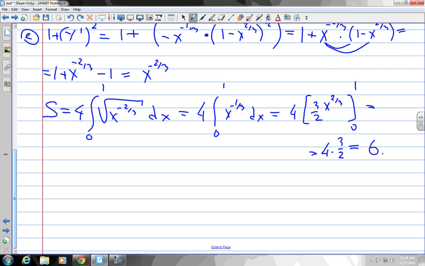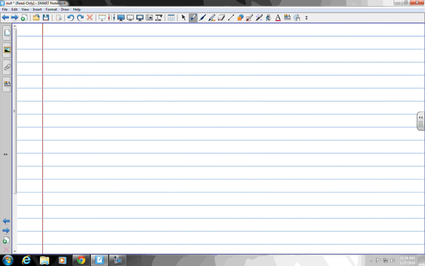Would it be easy if we did implicit differentiation on that to get dy, so we wouldn't have to mess with the radicals? What do you think? Let's try it on the side. I'm just curious. Because we need y prime, right?